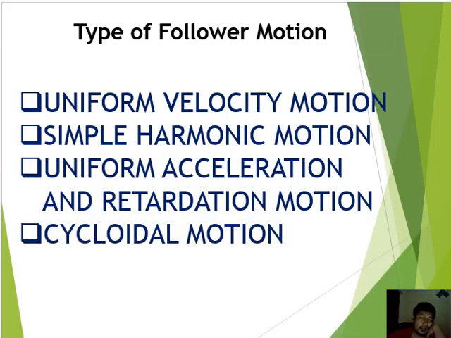After that, we must know about the follower motion. The follower motion has four motions. The first motion is uniform velocity motion, the second is simple harmonic motion, the third is uniform acceleration and retardation motion, and the last is cycloidal motion.